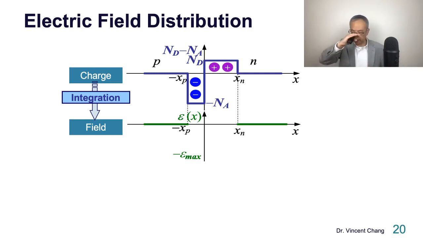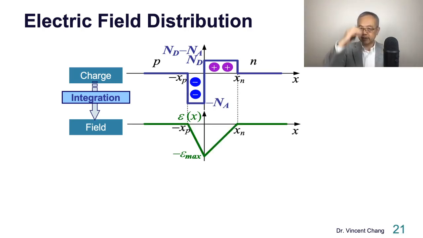If the electric field is positive, the field vector is pointing toward the positive x direction. Now it's pointing toward the negative x direction. So less than 0 means the direction of the field is leftward. And then constant charge, after integration, linear electric field.